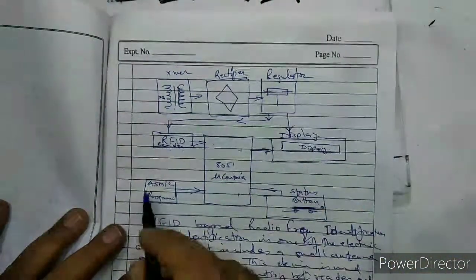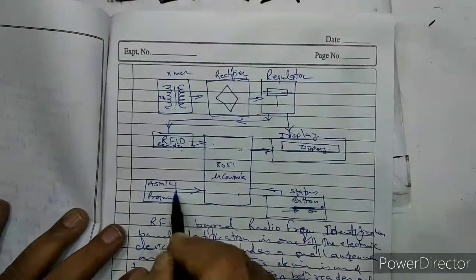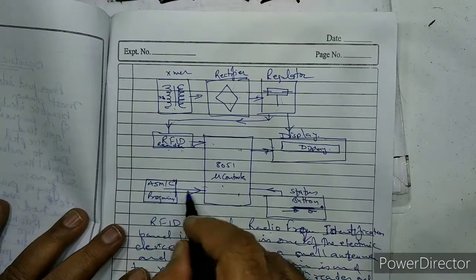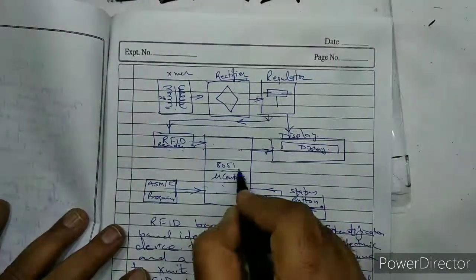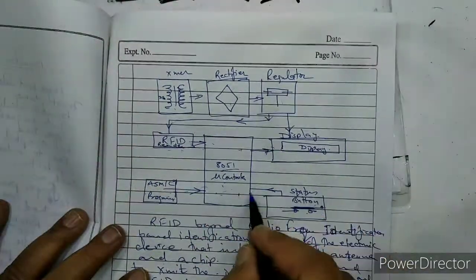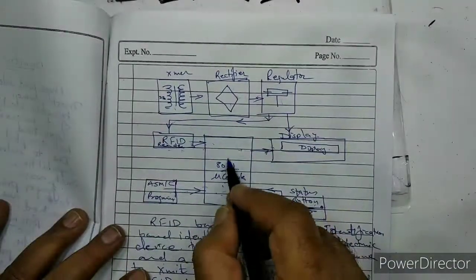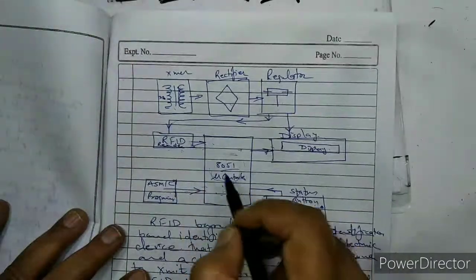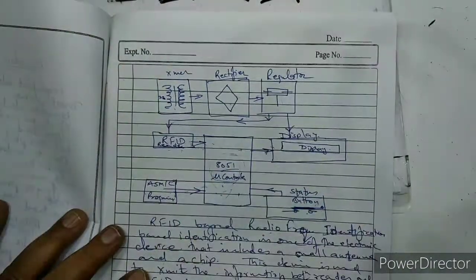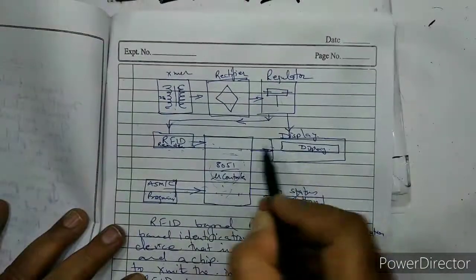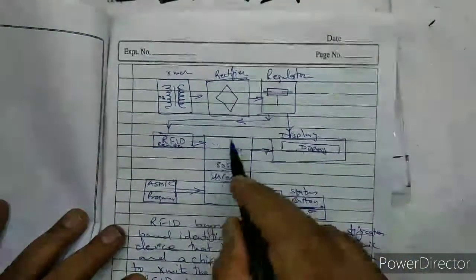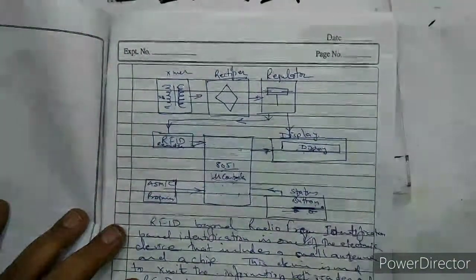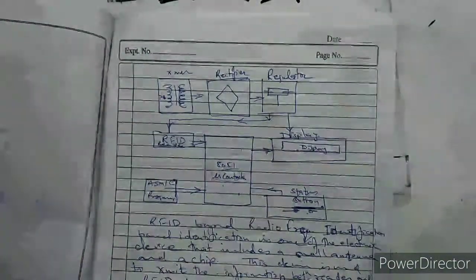The ASMC module is a programmer in which the program is kept, which programs the 8051, and this is the status button. So here the microcontroller plays an important role in comparing the data and the actual fingerprints. It gives to the display whether that fingerprint matches with the data or not. So that is all about biometric attendance system.